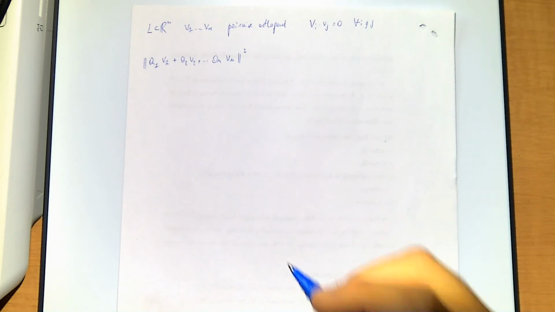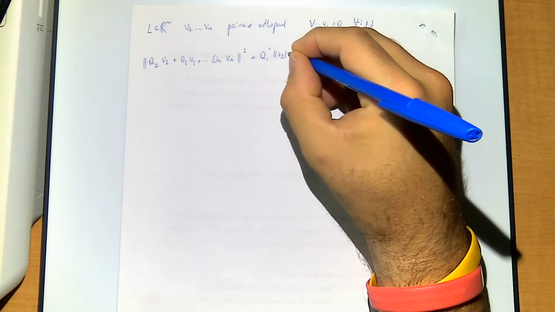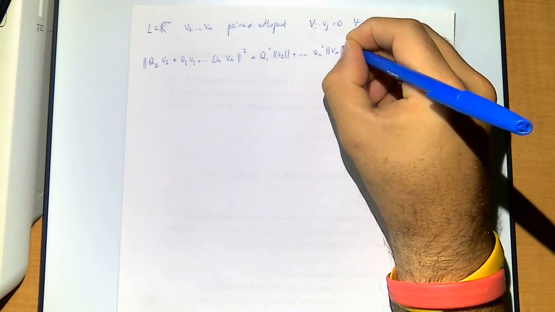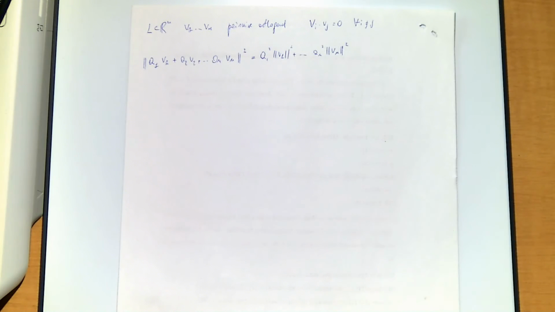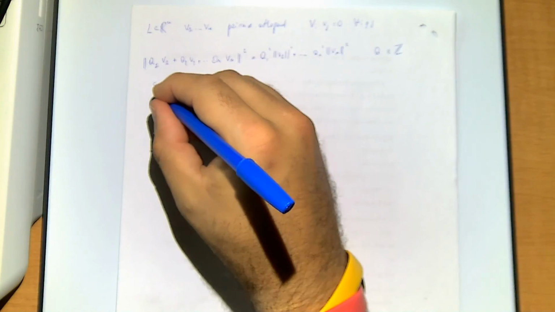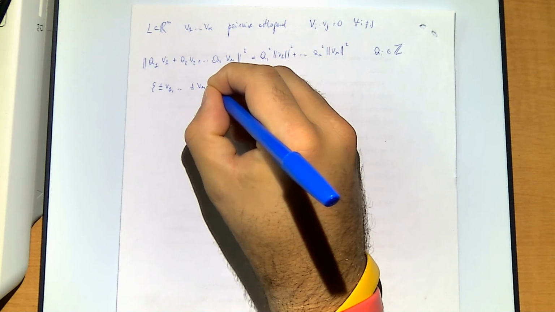Then this is going to be exactly a1 squared norm of v1 squared plus an squared norm of vn squared. Now remember that the ai are integers because this is a lattice. And so the shortest vectors in L, in this case, are simply plus minus v1, up to plus minus vn.